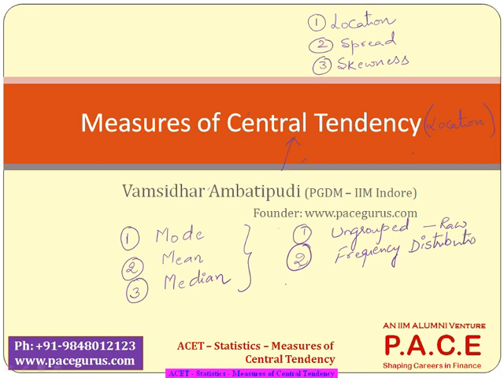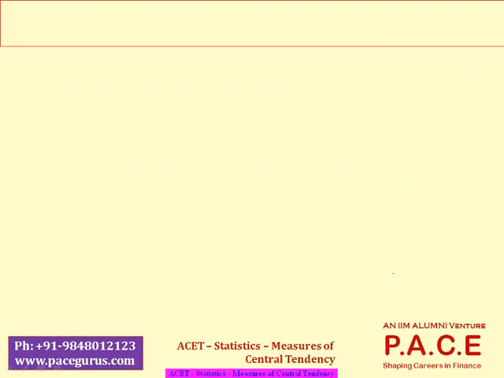And if a grouped frequency distribution is given, how do I find out the mean, median and mode for it? So these are the three aspects for us in terms of finding out the measures of central tendency. And finally, we would look at the advantages and disadvantages of each of the mechanisms as a measure of central tendency. Alright. So let's first start off with mode.